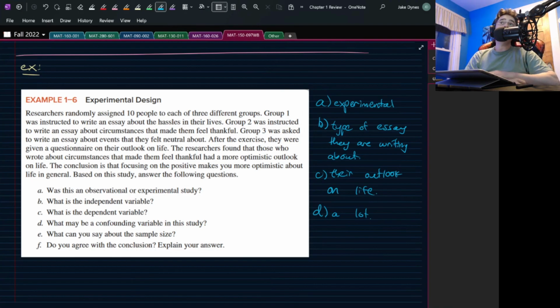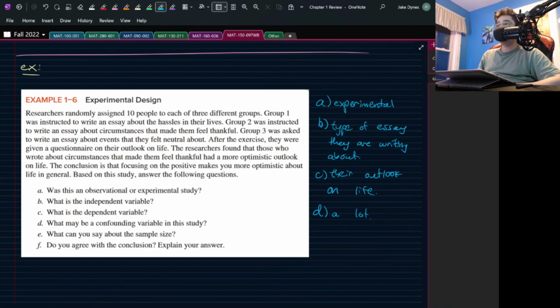Maybe they're in a good mood that day, and no matter what they were asked to write about, they were going to have a good outlook on life. So just their general mood. And mood can be affected by a lot of things. Maybe what they ate, how much sleep they got. If they got in a fight in the morning, there could be a lot for this.